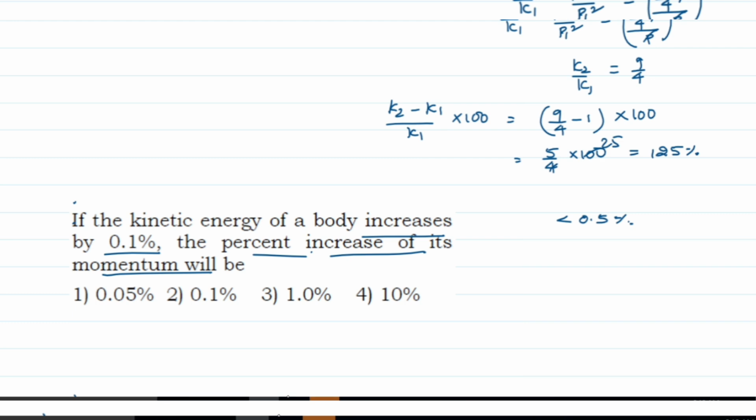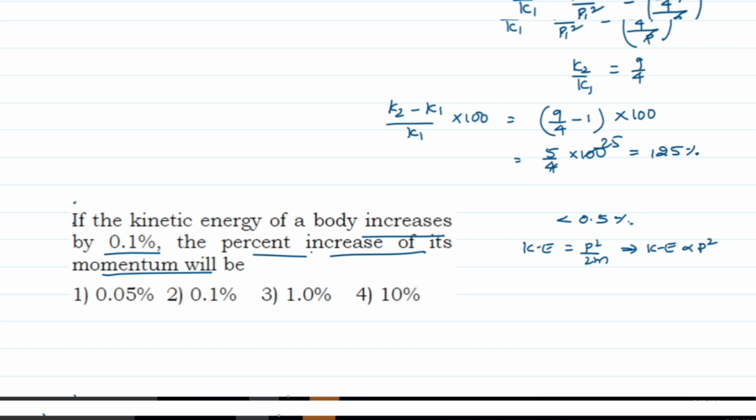So here the kinetic energy, K equal to P square by 2m, that's nothing but K is directly proportional to P square. Now here they are asking increase in the momentum.